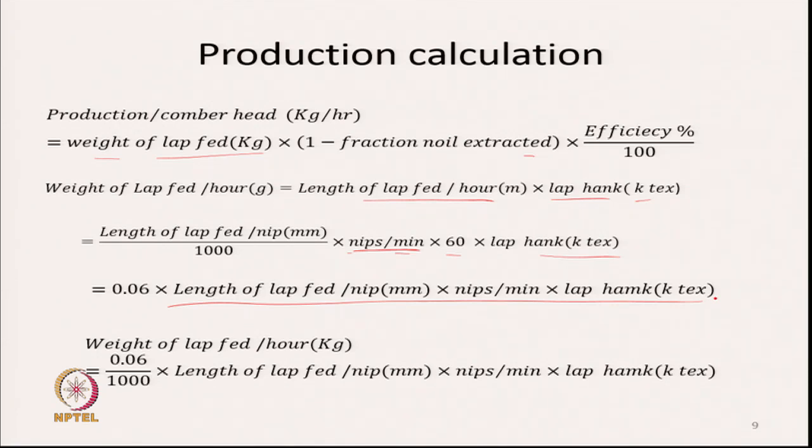If I want to know that, I have to further divide this by another 1000, because the weight I am getting in the previous line is in gram. Now, I have to convert gram into kg, therefore we divide the entire thing by another 1000.